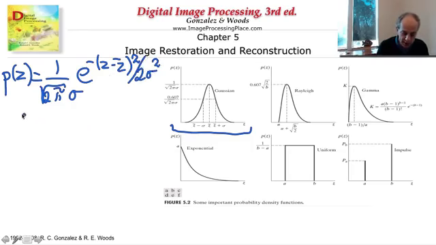So this is the formula for Gaussian noise, and we see its function here.